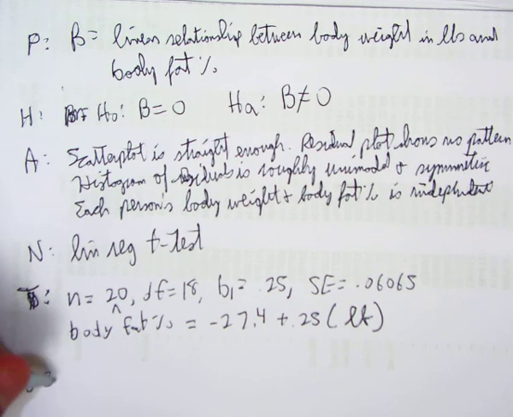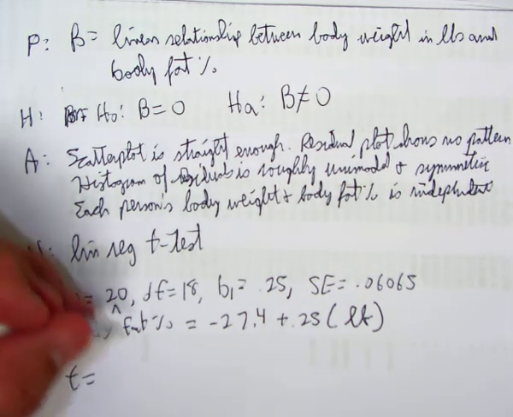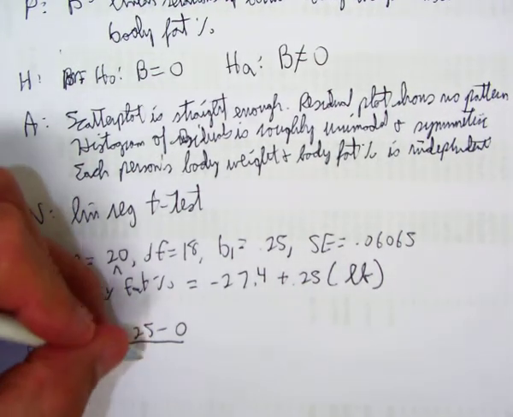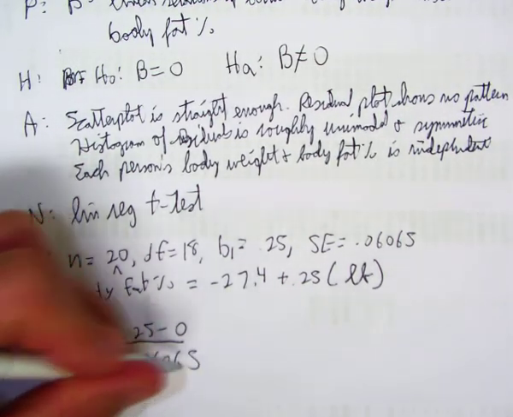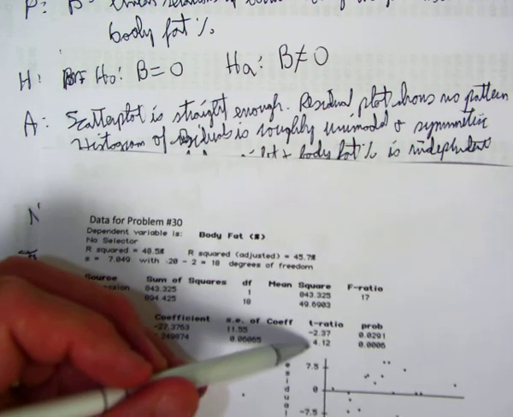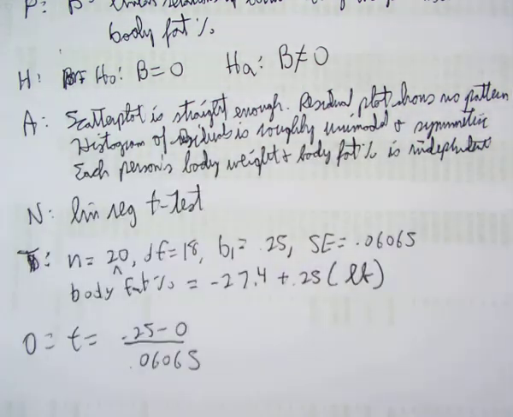So the obtained t equals B sub 1 minus big B over the standard error. If we do 0.25 divided by 0.06065, we get a t-value of 4.12.